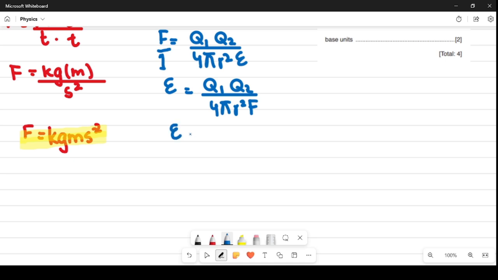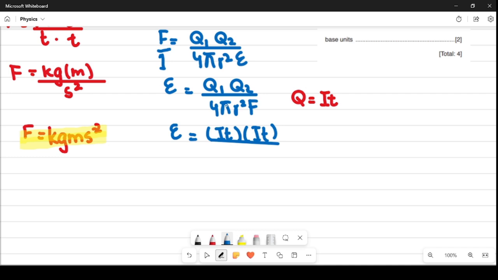Now, Q was a charge. Remember our first step. Our first step is always to convert these derived quantities into the base quantities. So Q is a charge. We know that Q is equal to I T. I is current, T is time. So Q is I T. 4 is a constant, pi is a constant, they have constant values and they themselves do not have any units.